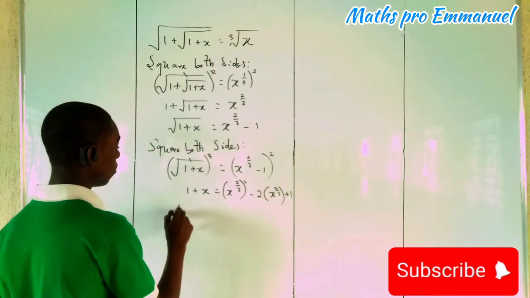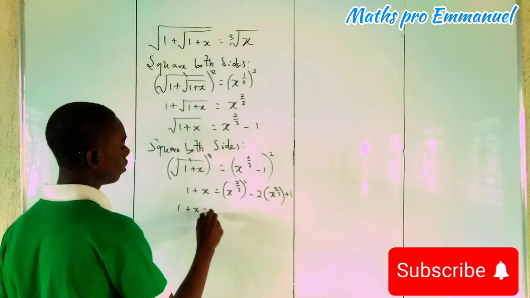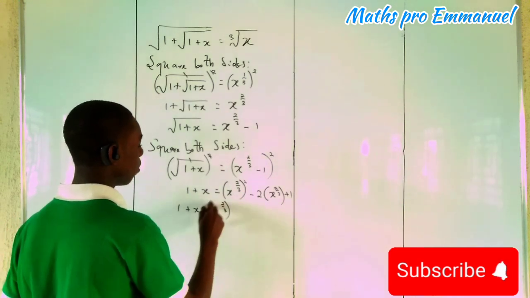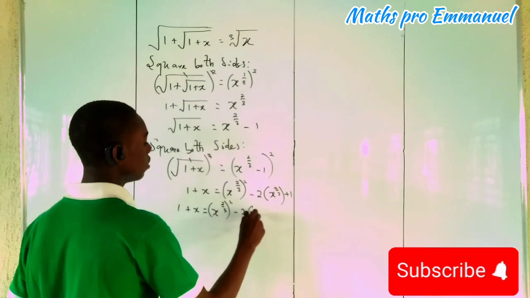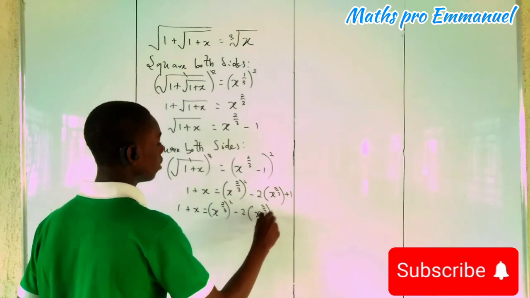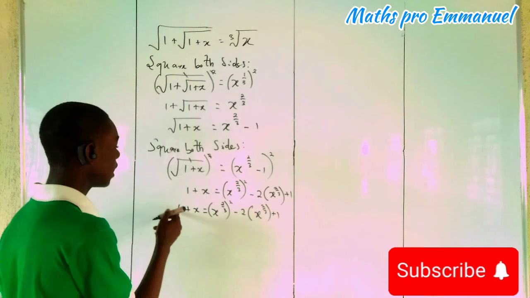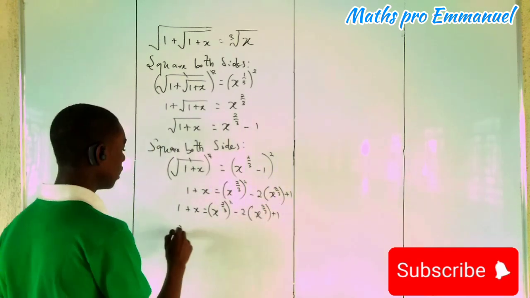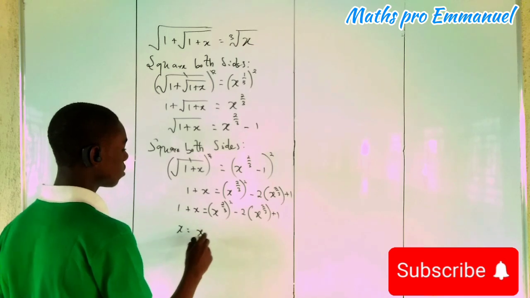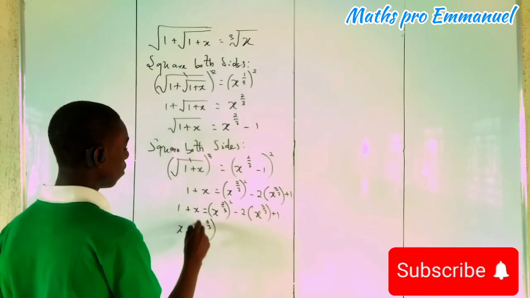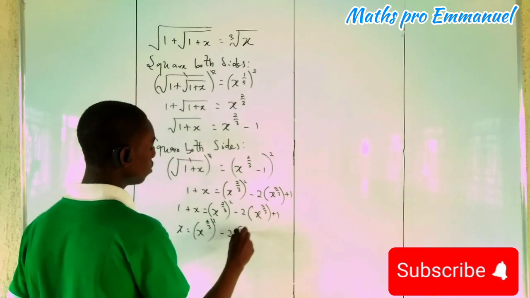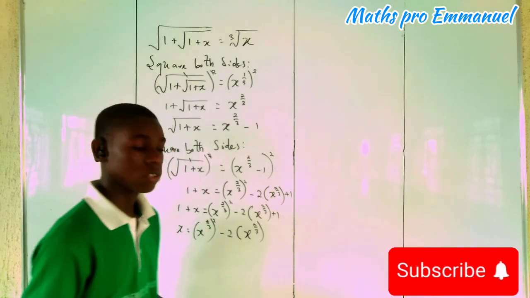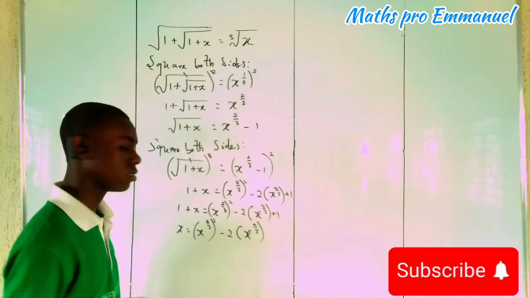And now here will be 1 plus x equal to x raised to the power of 2 over 3, all squared, minus 2 into x raised to the power of 2 over 3, plus 1. Now I can decide to move 1 to the other side of the equation. That means subtracting 1 from both sides, and x will be equal to x raised to the power of 2 over 3, all squared, minus 2 into x raised to the power of 2 over 3. 1 can cancel 1.